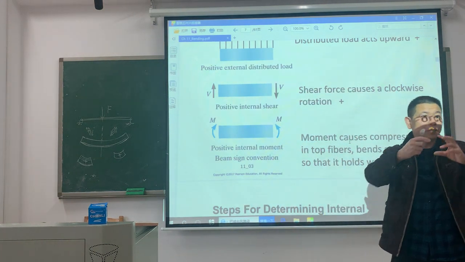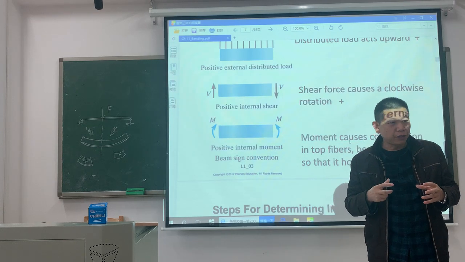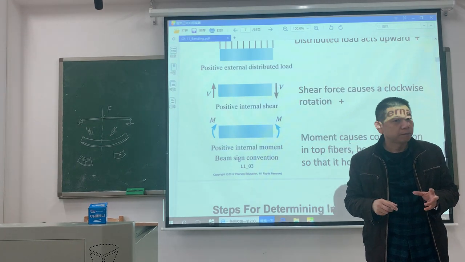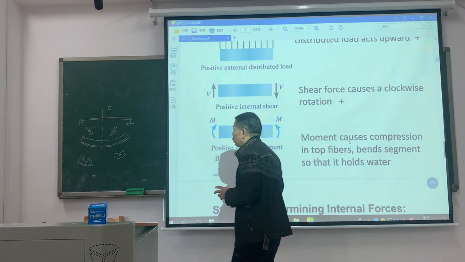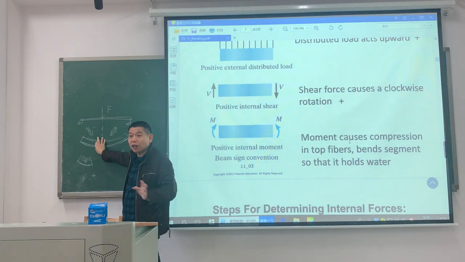If concrete is in tension, it is very easy to break. Understand? So in the top part, there is no steel.